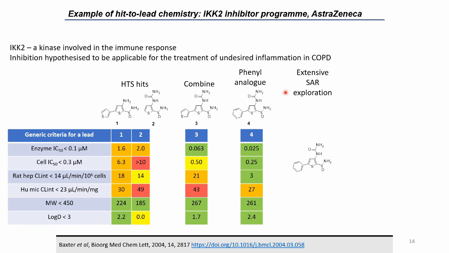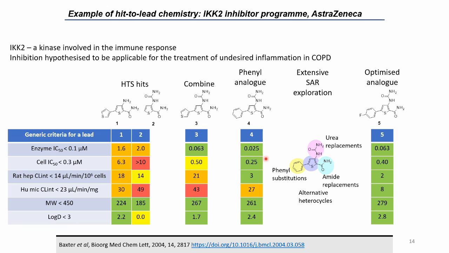At this point, the project did really extensive SAR exploration, so they explored all the regions of this molecule. They made replacements for the urea, replacements for the amide, they looked at alternative heterocycles for the thiophene, and they made a huge number of phenyl substitutions.